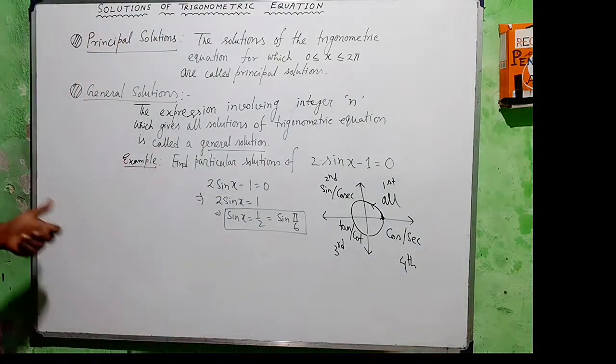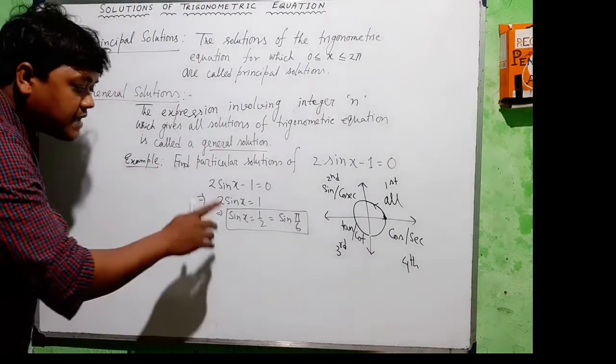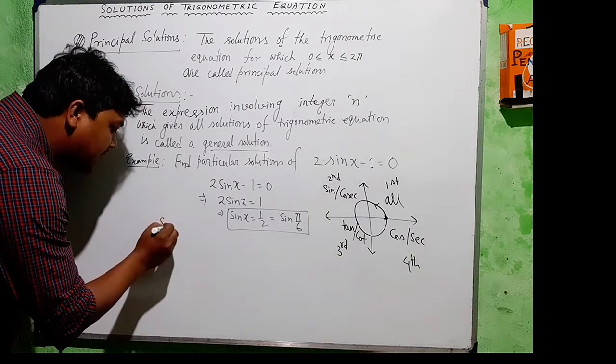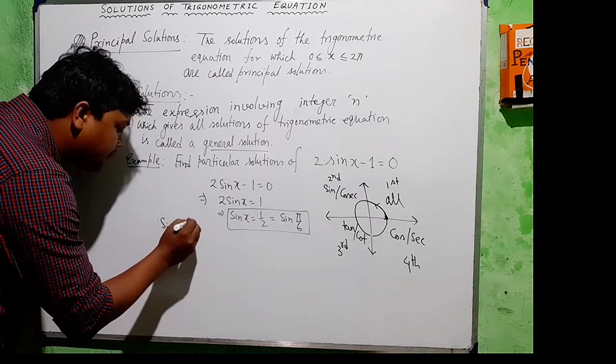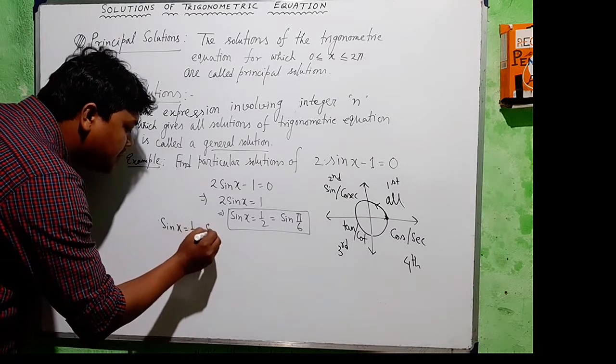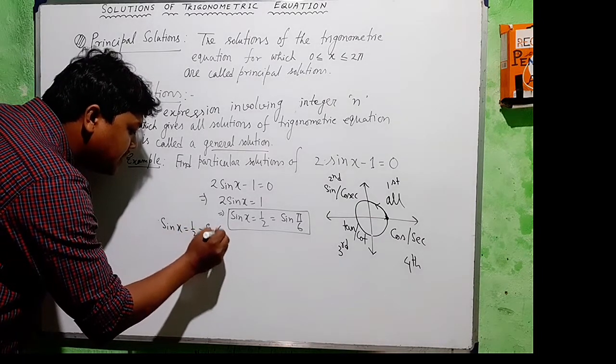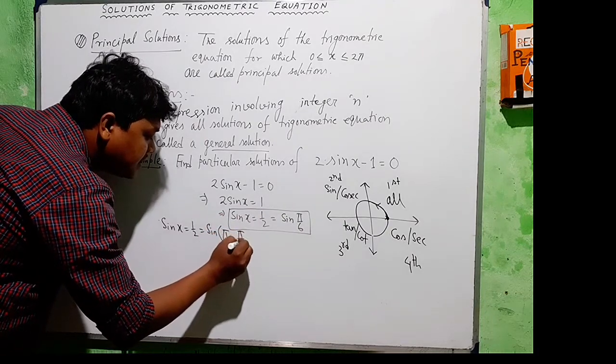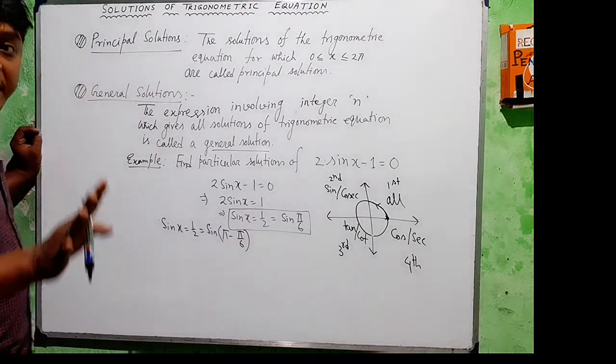For this problem, you see that sin pi by 6 is half. Another, if sin x equals half, then sin of pi minus pi by 6 also gives sin pi by 6.